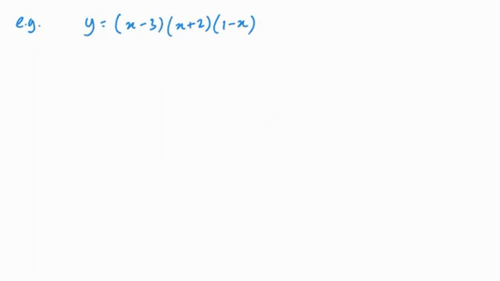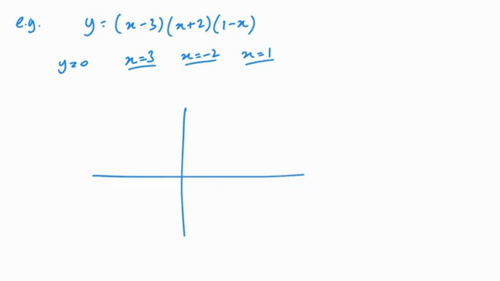So here we have our next example. You can see here x times that minus x will give me my minus x cubed. Now when y equals 0, my solutions are going to be x is 3, x is -2, and x is 1. So when I'm thinking of my sketch, I know it's going to cross at -2, 1, and 3.